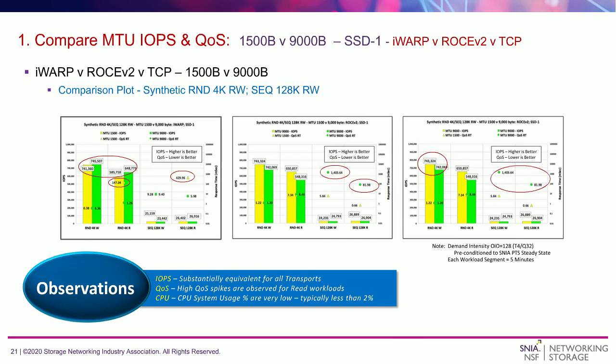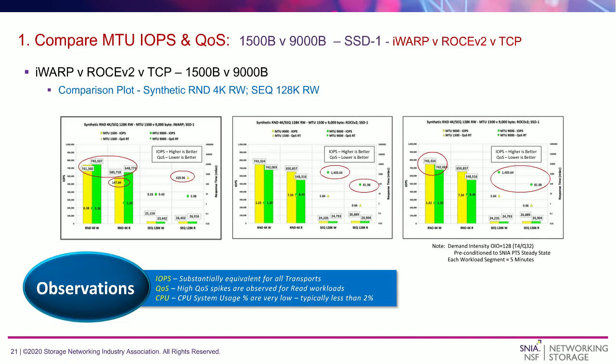So the left-hand box is iWARP, the middle box is RoCEv2, and the right-hand box is TCP. So the first thing to observe is basically the IOPs, the bars, they're substantially equivalent for all the transports. You can see that the first two boxes, the RDMA-based iWARP and RoCE, are substantially similar in IOPs. There's a slight downtrend for the TCP on the right.